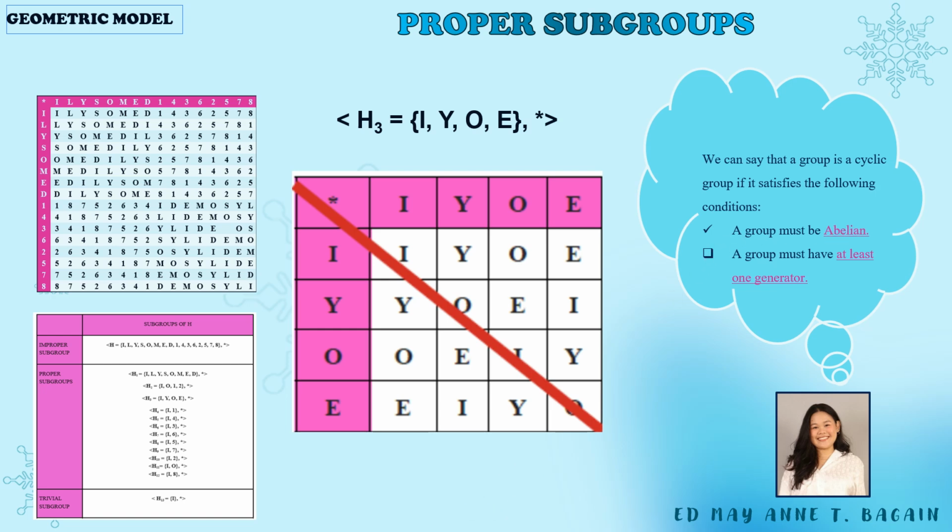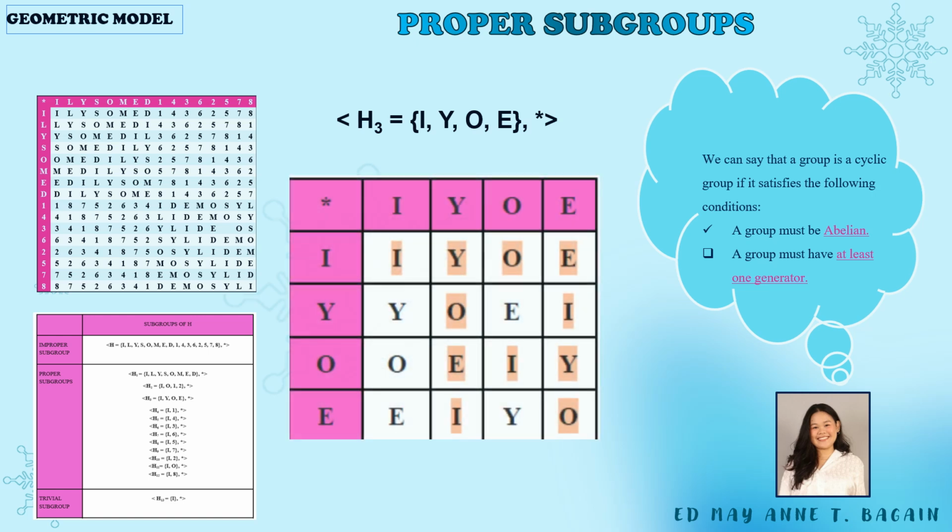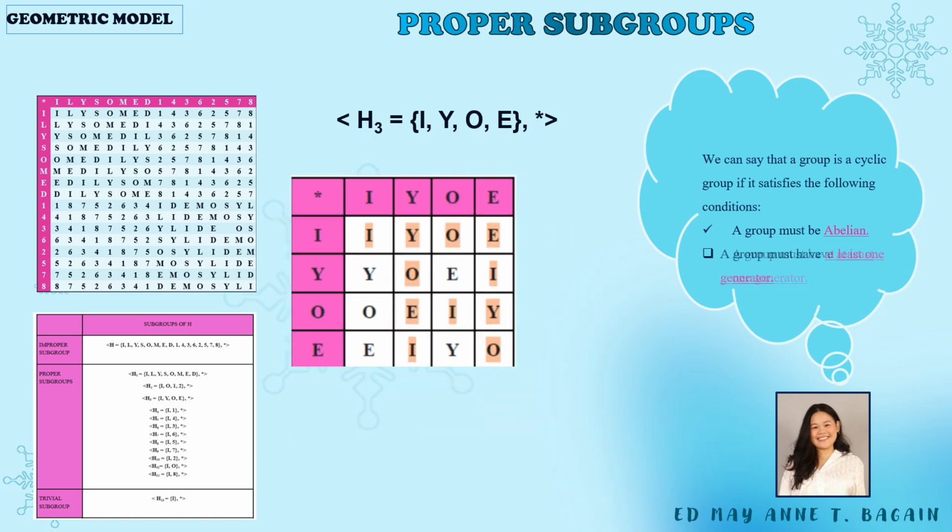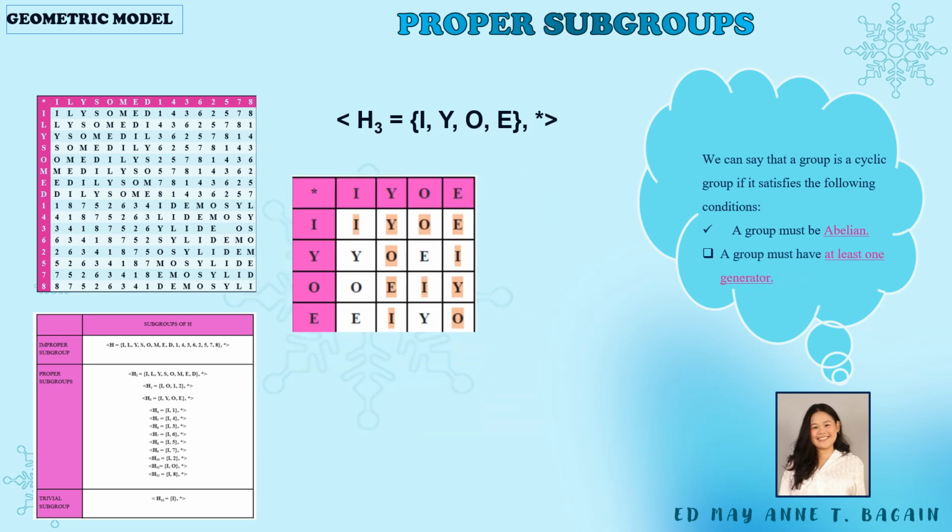And let's check. I star I is I, I star Y is Y, Y star Y is I, O star Y is E, E star Y is I. So as we can see, Y is a generator and E is a generator. So it's check. A group must have at least one generator is check.